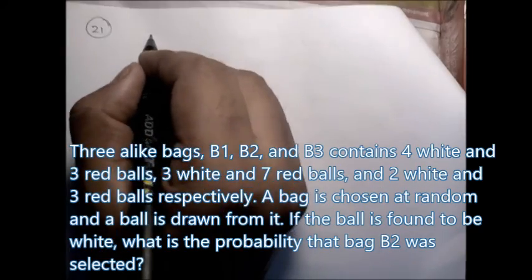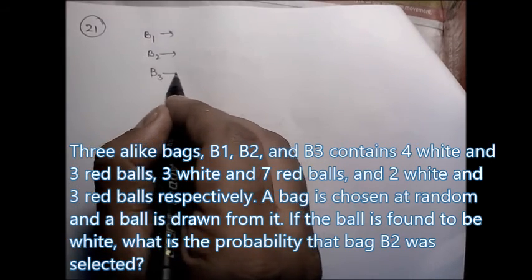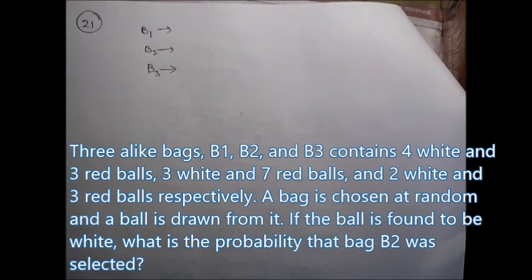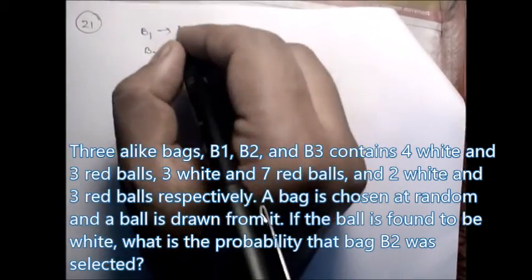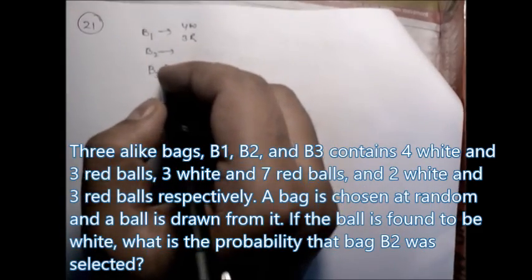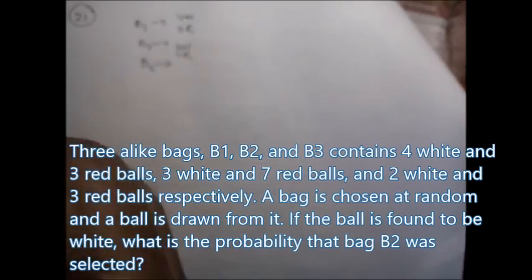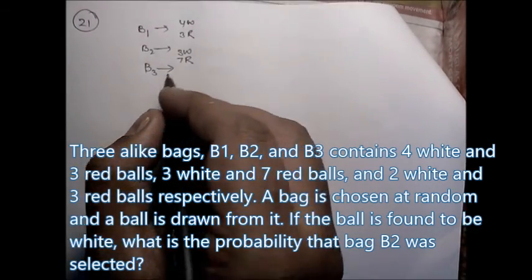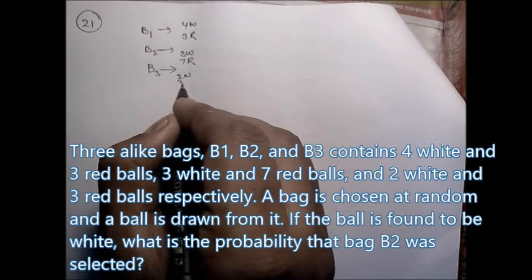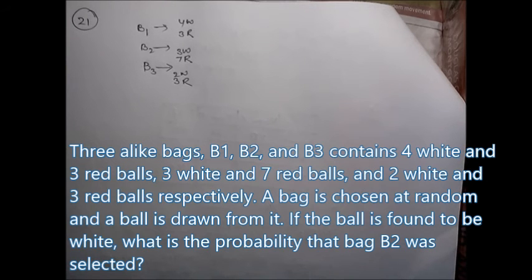In B1, 4 white and 3 red balls are there. In B2, 3 white and 7 red balls. In B3, 2 white and 3 red balls.